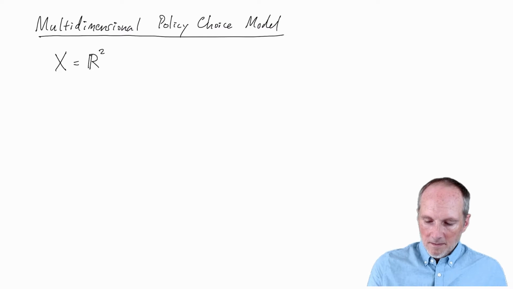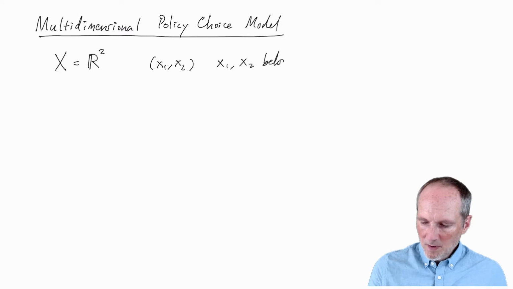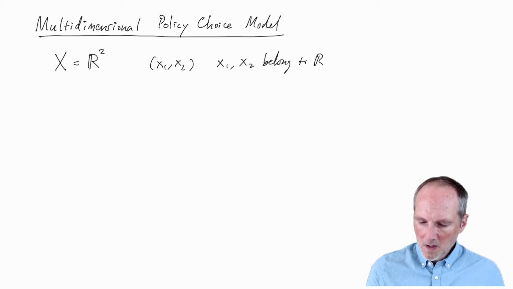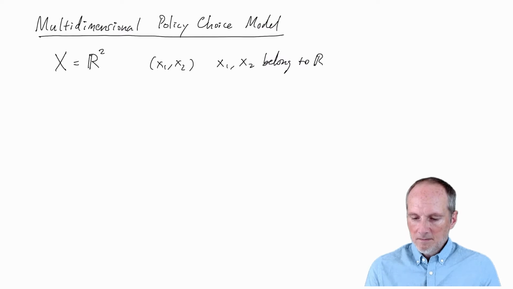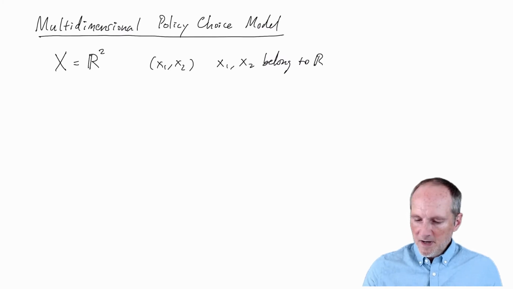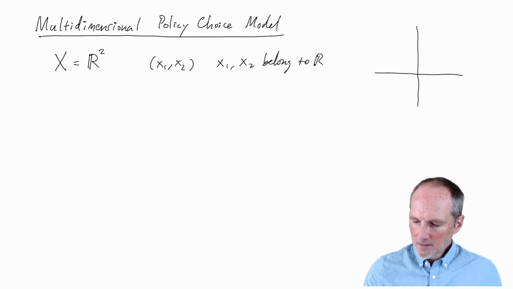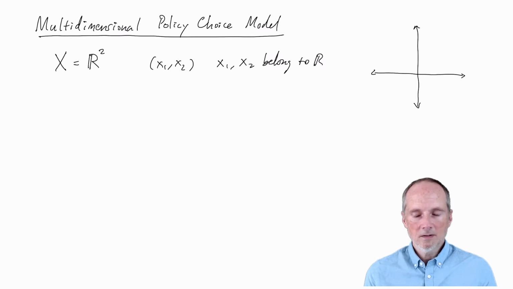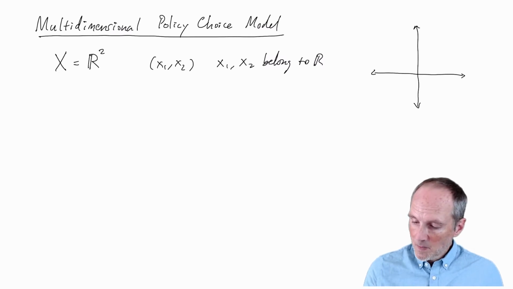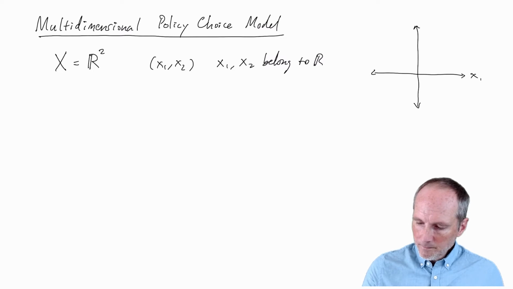So that's just any pair of real numbers, x1 and x2, where x1 and x2 belong to the real line. Obviously, geometrically, we think about this as the Cartesian plane, right? So now that is our policy space. It's not just a one-dimensional set anymore.